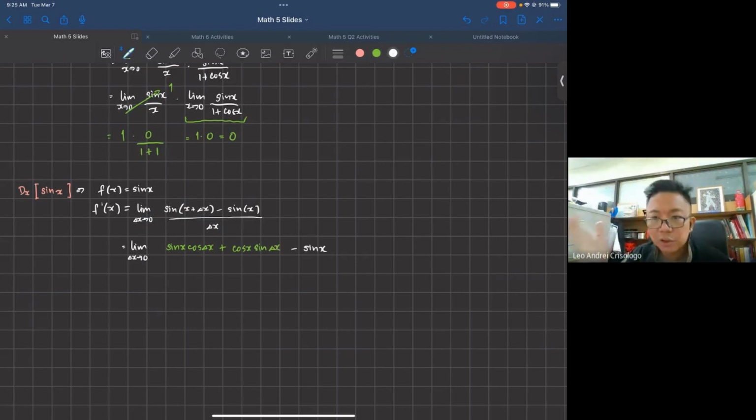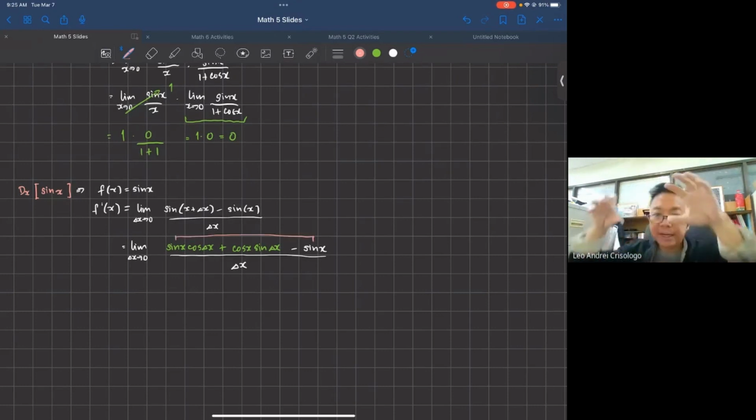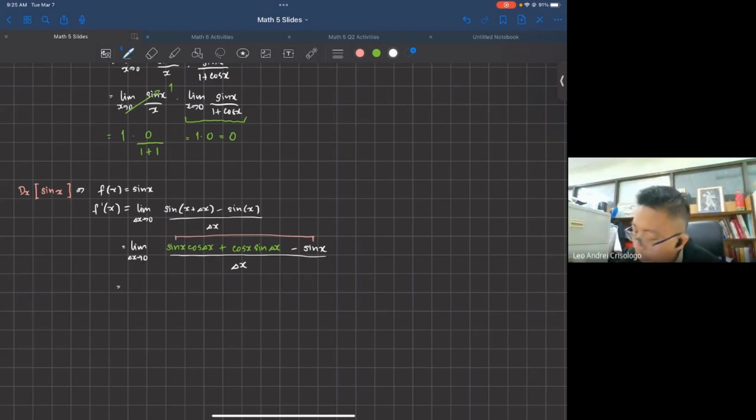So, we'll just continue with the numerator all over delta x. Now, ang manipulation na gagawin natin sa kanya ay o-observe natin that yung sine x dito at yung sine x dito, pwede nating i-combine by factoring out. So it will be limit as delta x approaches 0 of sine x.